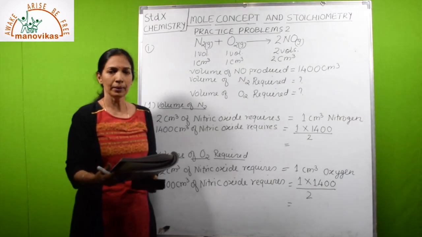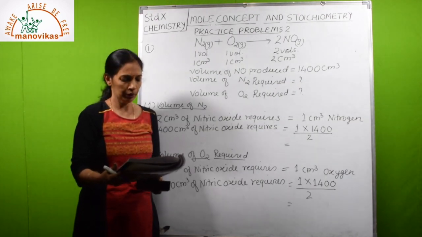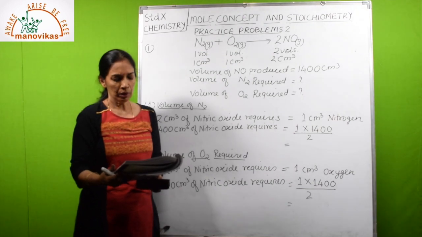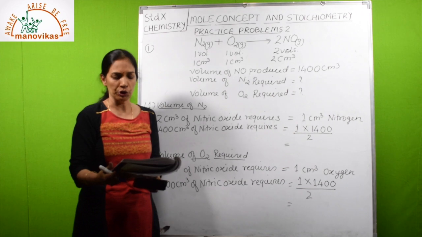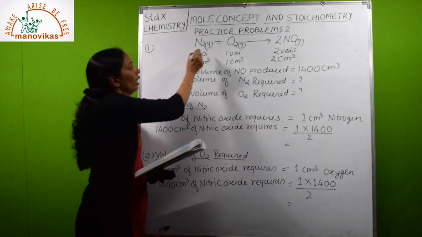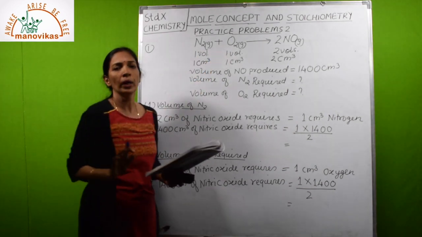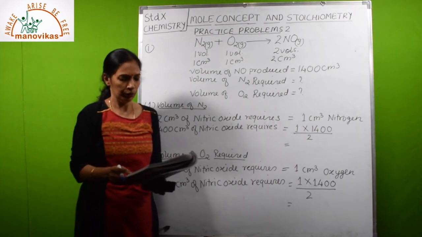Next numerical is from practice problem 2, first one. Nitrogen and oxygen gas react as illustrated by the equation below. What is the equation? N2 plus O2 is equal to 2NO. NO is nitric oxide.